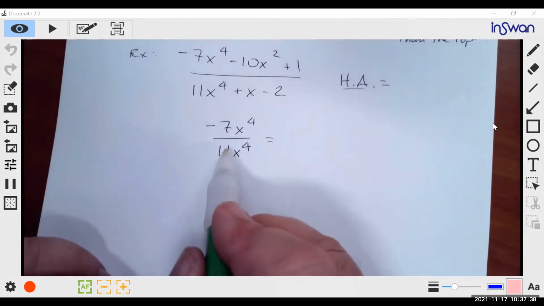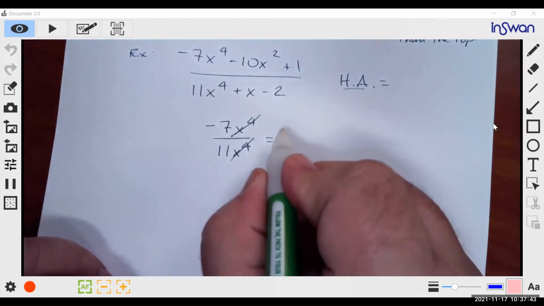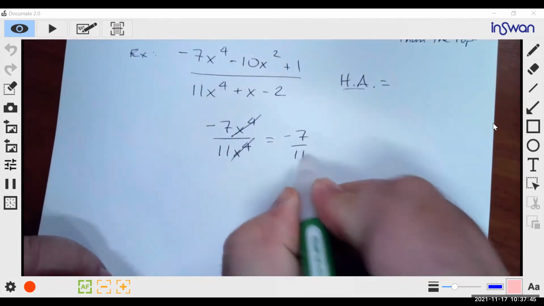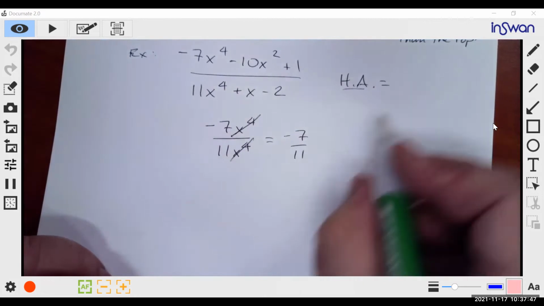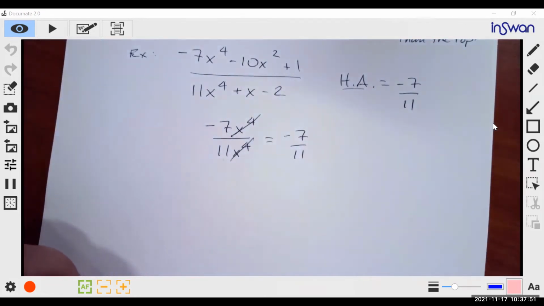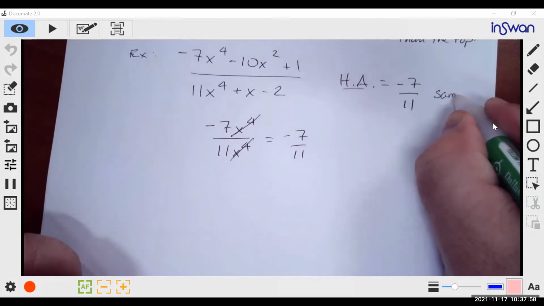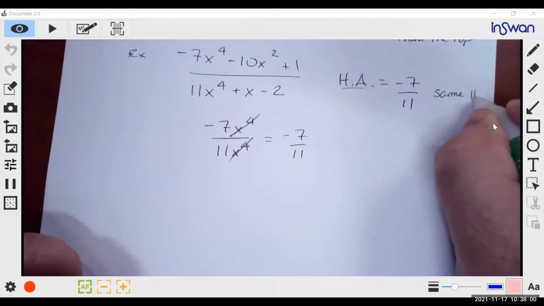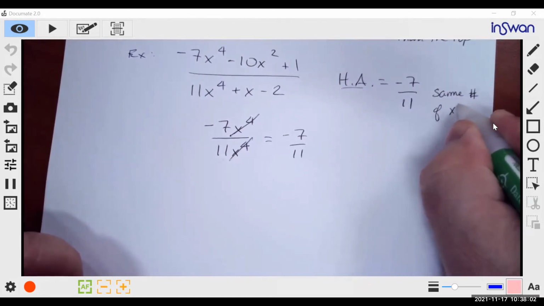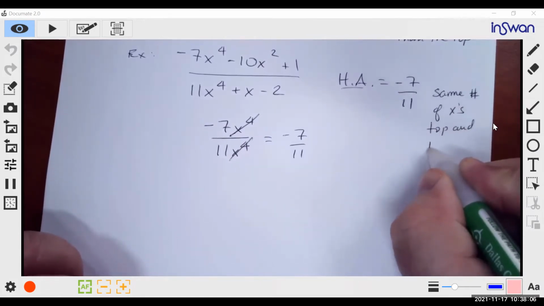Negative 7 up, nothing cancels. How about the x's? There are 4 x's there. I can cancel 4 x's there. So the horizontal asymptote is the coefficients, because there are the same number of x's, top and bottom.